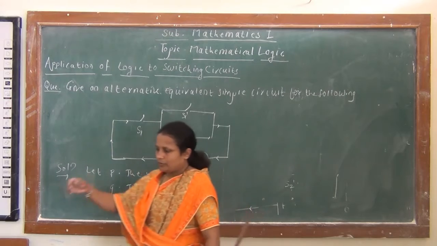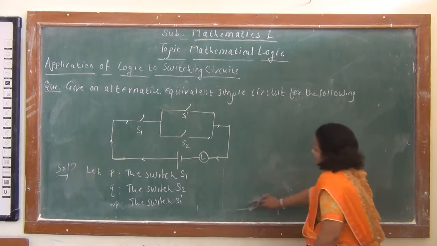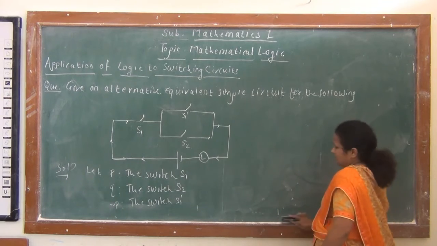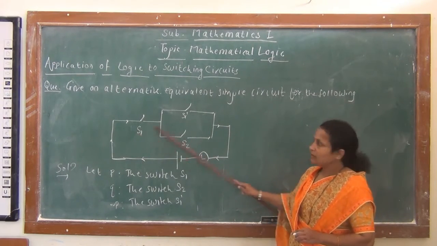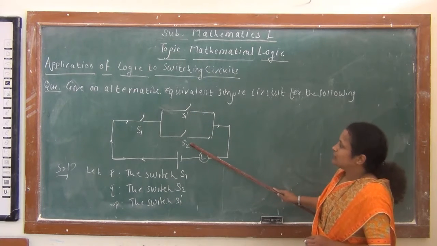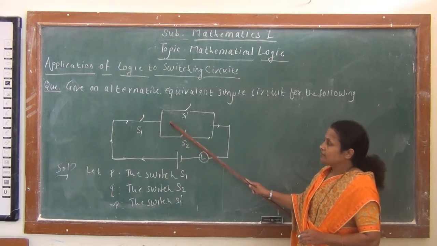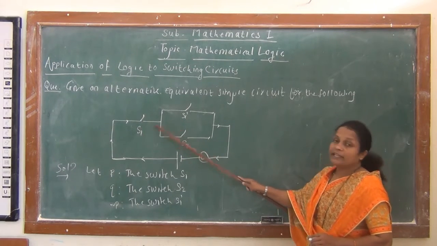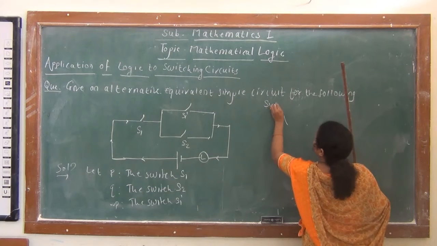And now to find its symbolic form, we divide this circuit in two parts. The first part is switch S1, the second part is these two switches S1 dash and S2. These two switches are connected in series. Symbolic form.